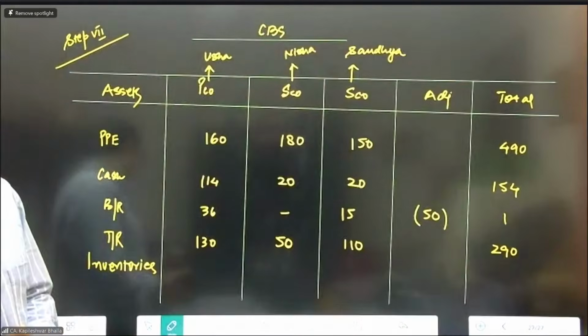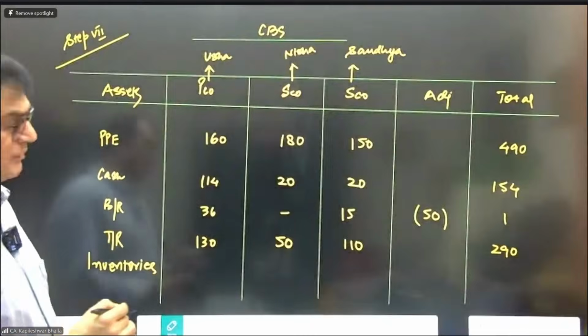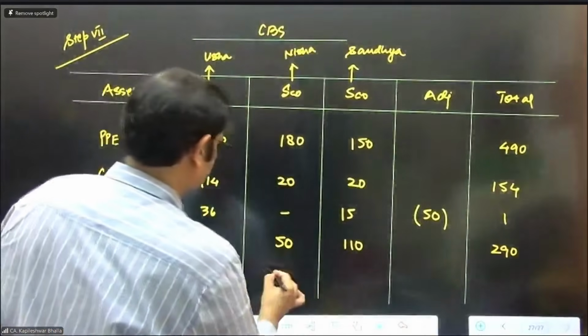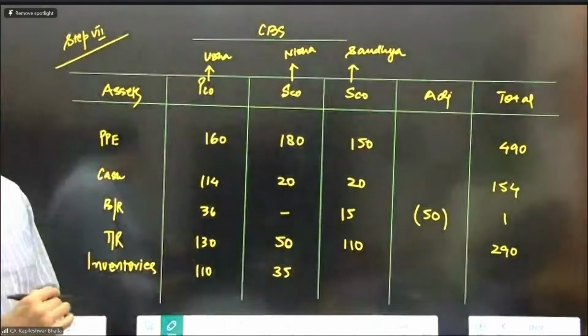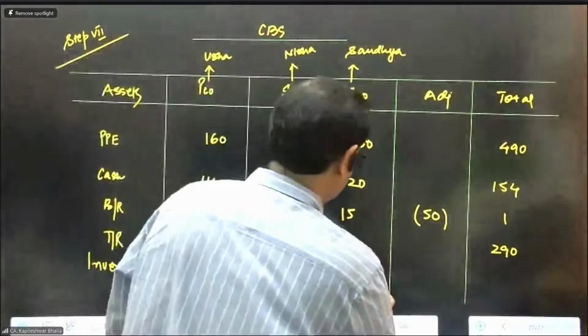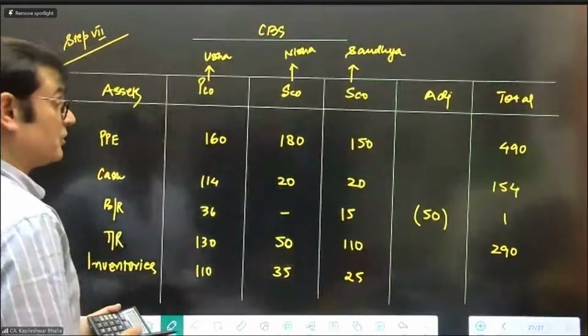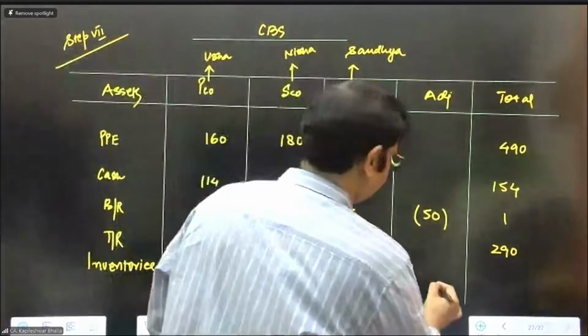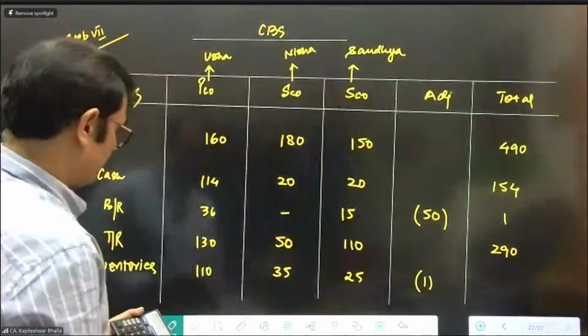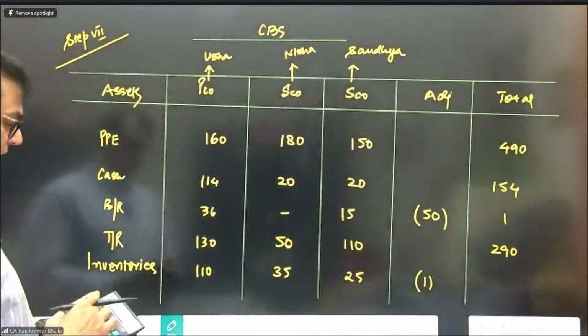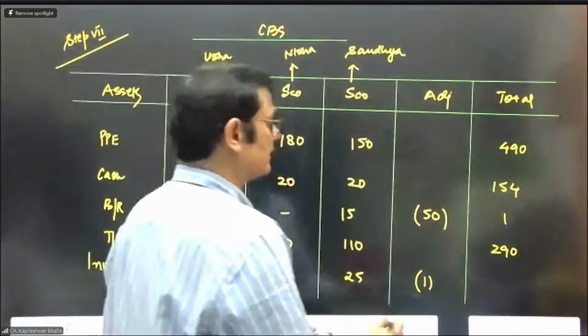And then there is inventories 110, 35, 25, and I think there was a stock reserve that was 1. So 110, 35, 25 and 1, this is 169.